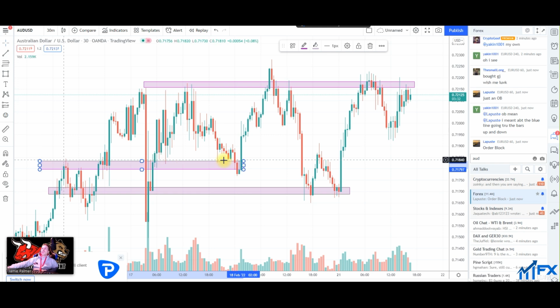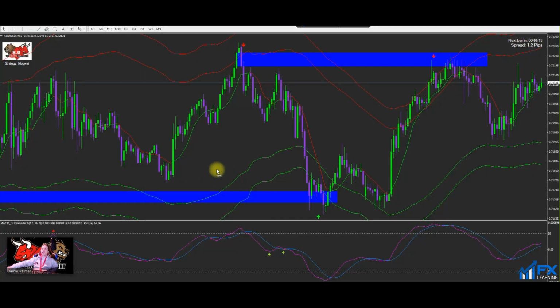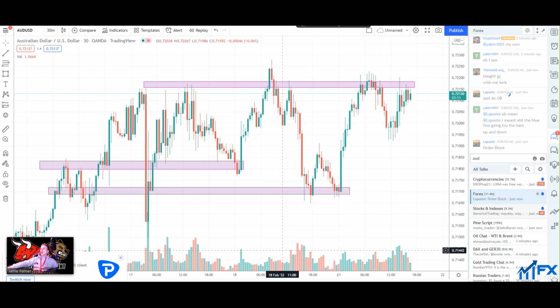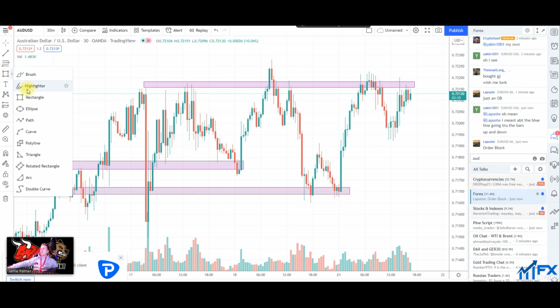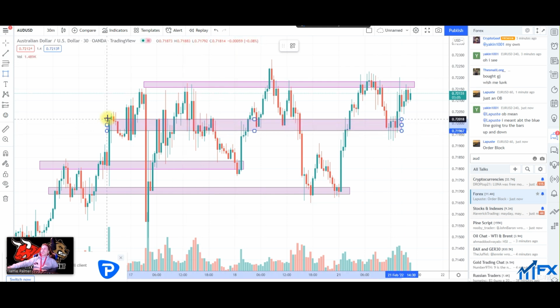So looking at TradingView right now, we've got an area of resistance here. We've got an area of support just here by looking left, and we've got this nice area here. So what we would basically do is load up the binary destroyer and look for those setups. Well, that's the sell here. That's the buy there. And also, just to show you, look at this nice area of support here.